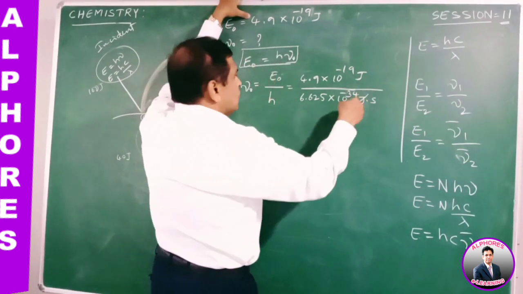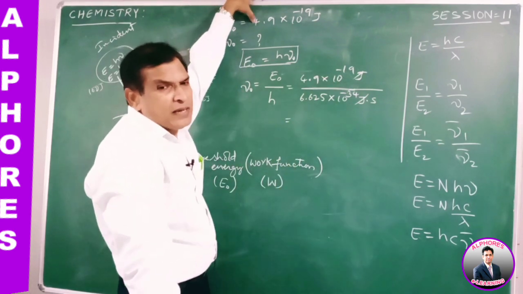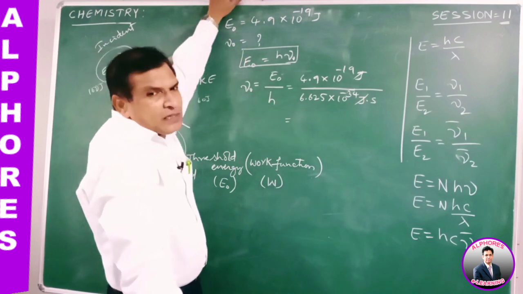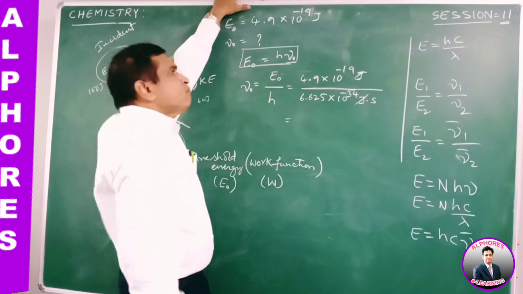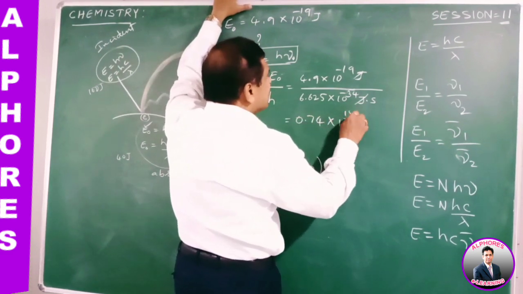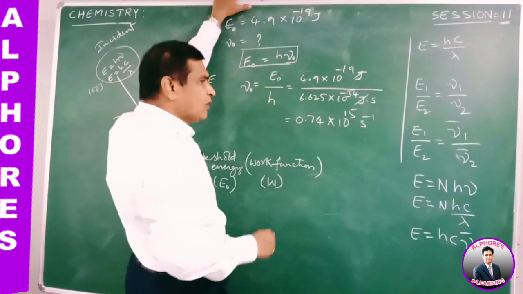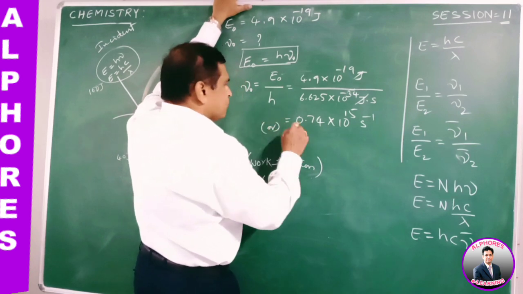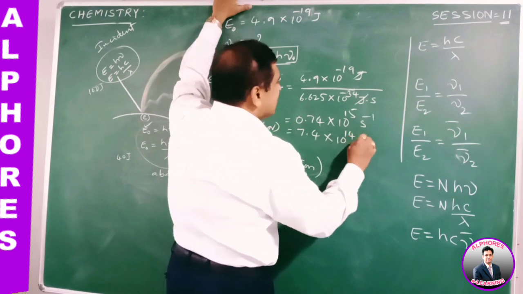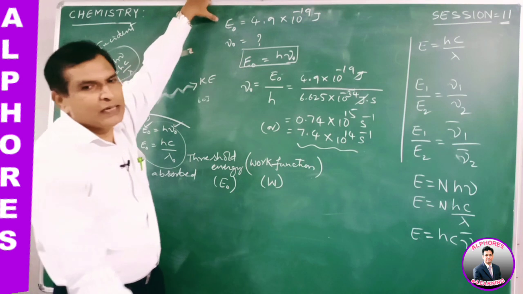Now joule gets cancelled. That is 4.9 by 6.625 into 10 to the power 15, approximately 0.74 into 10 to the power 15 per second, or 7.4 into 10 to the power 14 per second. That we can calculate like this.